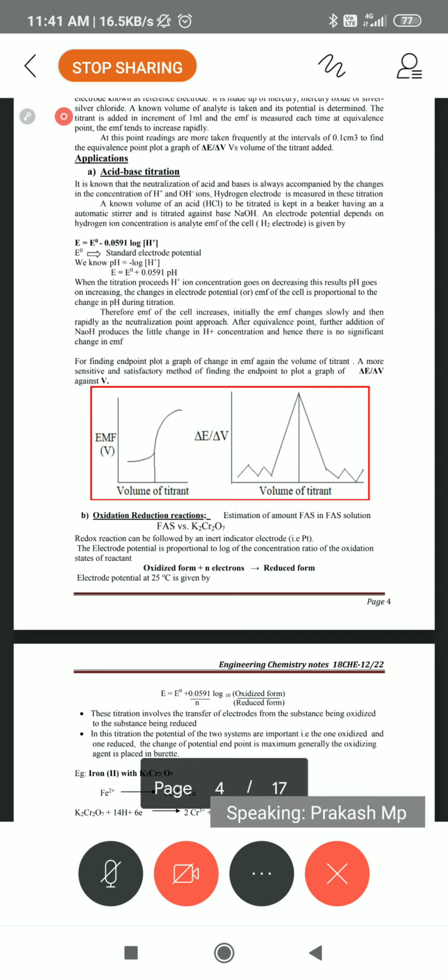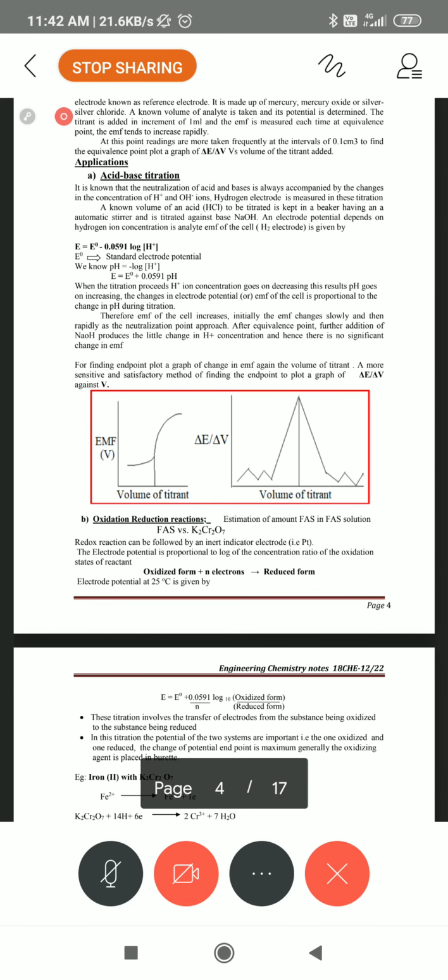N1 is equal to N2 V2 divided by V1. V1 is how much we took with the pipette, the HCl, which is 25 ml. The burette reading at the equivalence point is 5 ml, and the normality of the base, the standard solution, is 0.5. So 0.5 into 5 divided by 25. Then afterwards you can get it.